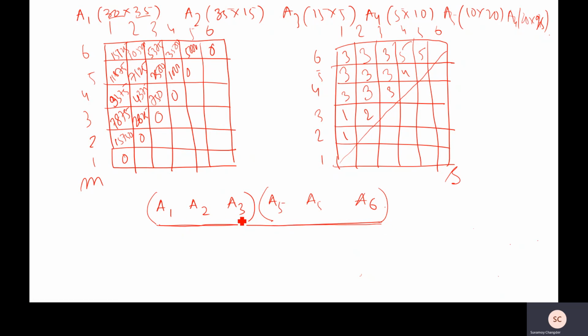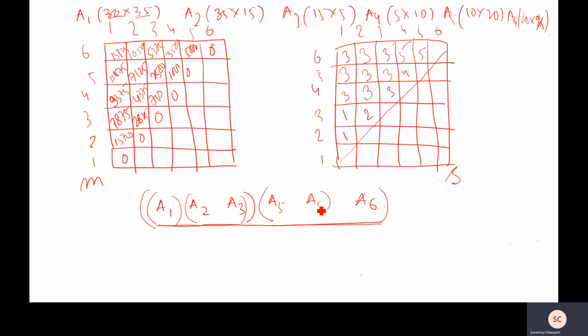Now to multiply A1 to A3, what is the value? A1 to 3 is 1, so that means we will multiply this. To multiply A1, A2, A3, we will go for A2, A3 first, then A1. Similarly, for A5 to 6, what is the value? 5.